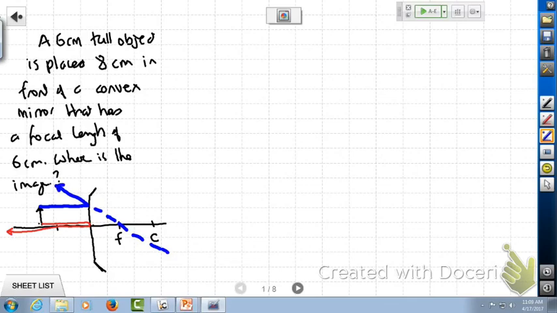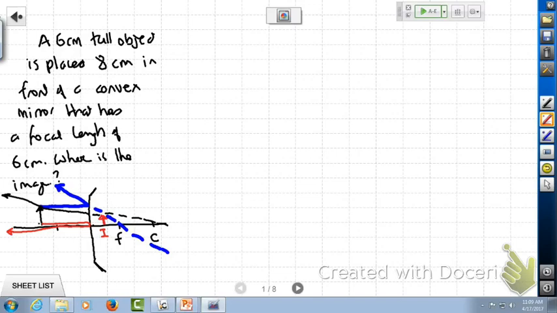My third one goes through the center of curvature, so it gets reflected back on itself, because that's what those rays do, but it's projected through there. Where those cross, there's my image. Make sense?